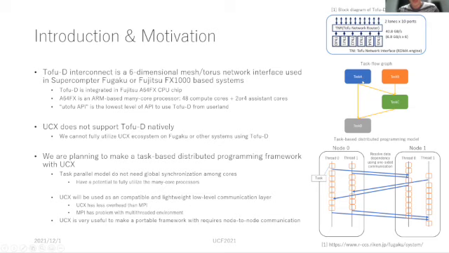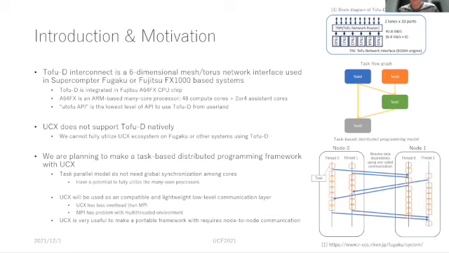Compared to the traditional data parallel model, which does the same operation on different data using a lot of cores, especially on many-core processors, the data parallel model sometimes needs global synchronization among cores.